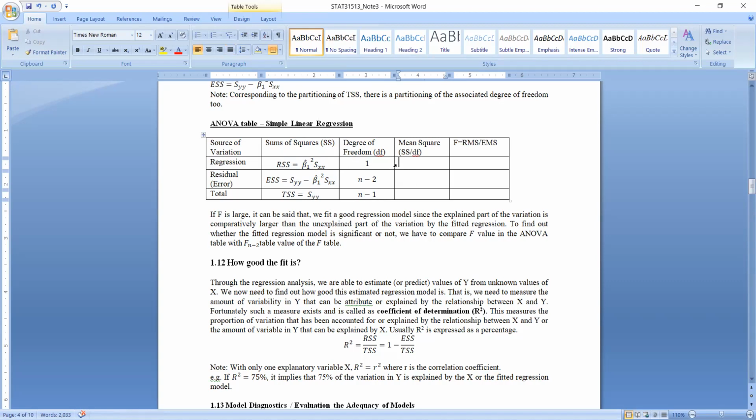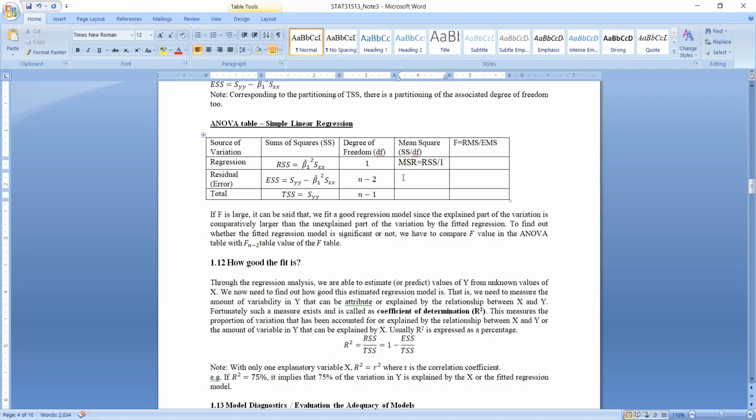For example, for the regression, you divide the regression sum of squares by its degrees of freedom, which is 1. That gives the mean square regression, denoted MSR, or alternatively the regression mean square, RMS.